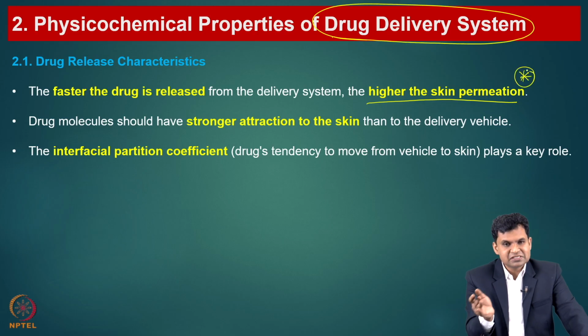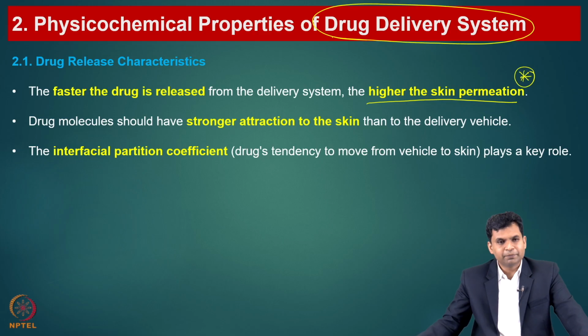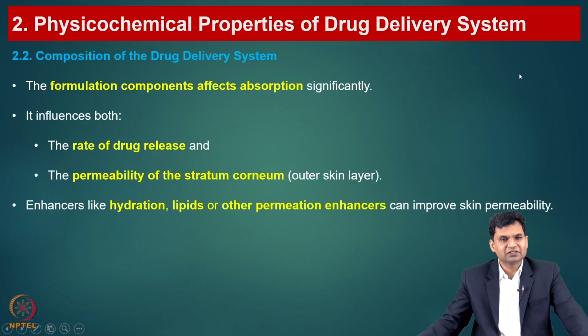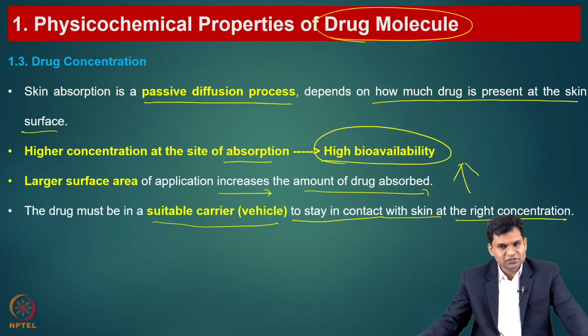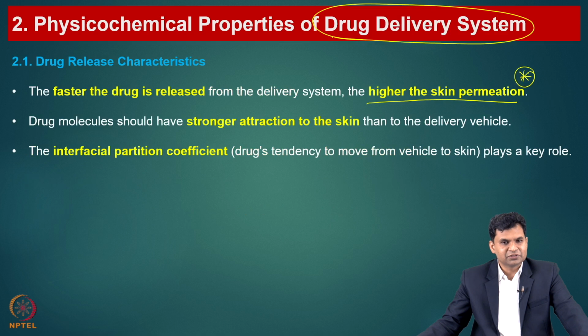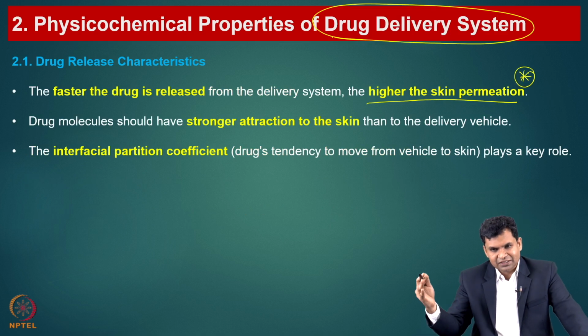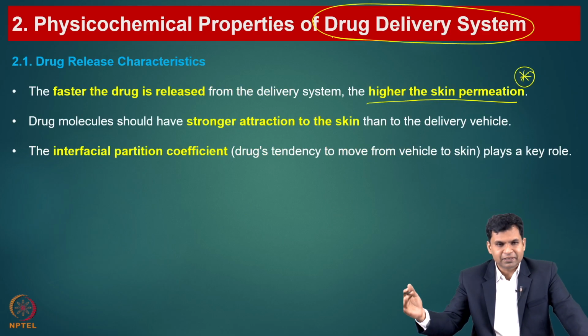As we discussed in the previous point, this is related to the drug concentration at the site of administration. So, once your drug is released quickly, it is available for absorption and then permeation.